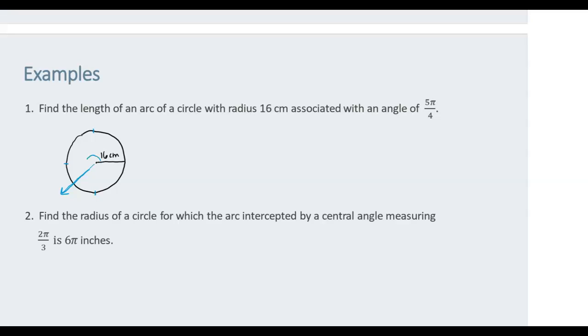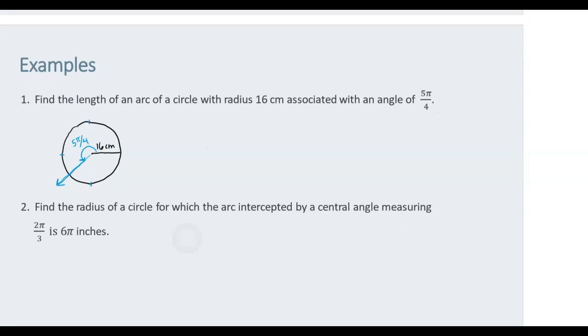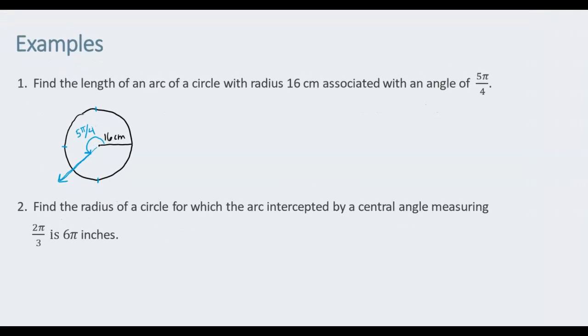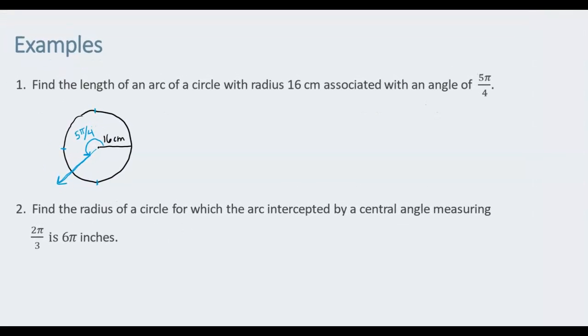So going all the way around. So that's going to be 5 pi over 4. I'll write it here, 5 pi over 4. So the question is, how long is this arc?